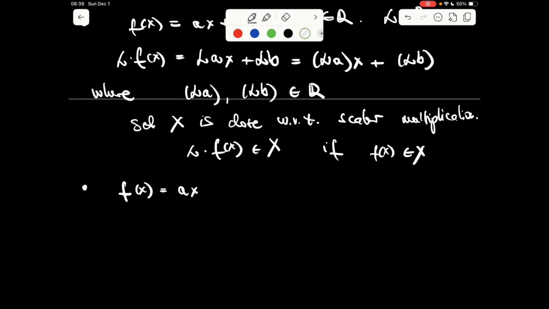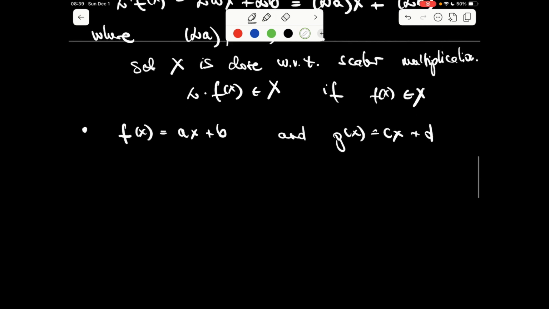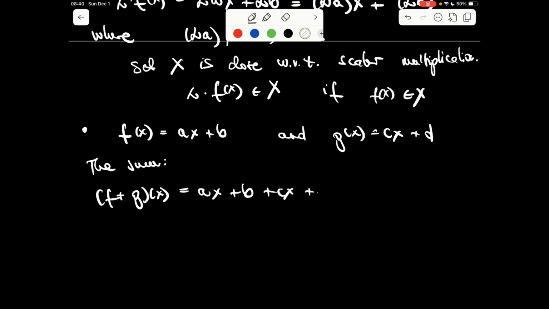We have two functions, ax plus b and cx plus d. The sum takes the form. The sum is still a function of x, so let's expand the expression, which can be written in this form.